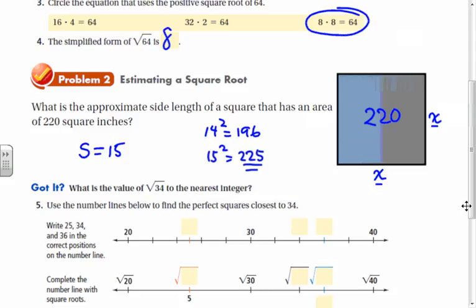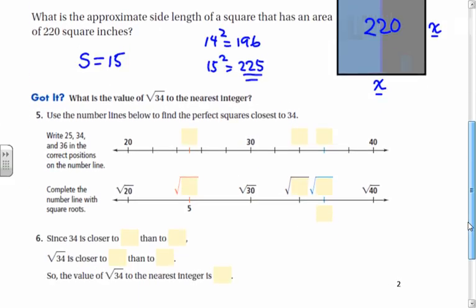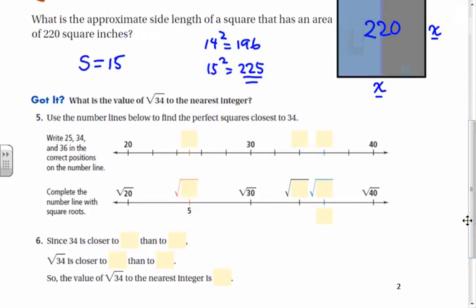Okay? We can use a number line to do that also. So I'll go through this one to help you think about this. This says, we want to know what is the value of the square root of 34, to the nearest integer. Well, we know that 25 is right here, and that's a perfect square of 5.